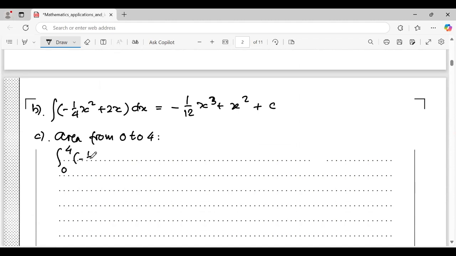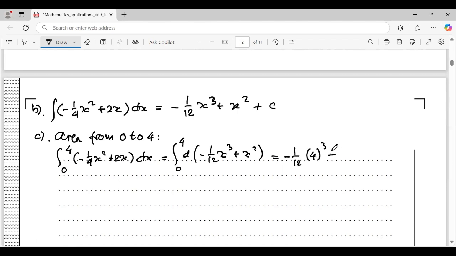The definite integral: we're going to find the integral first, -1/12 x cubed plus x squared. After that, substitute 4 and 0 into this expression. It becomes -1/12 times 4 cubed plus 4 squared.